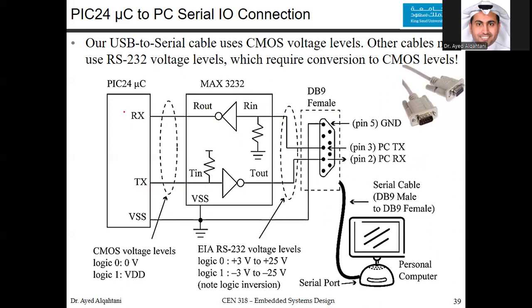At this point, we finished the first communication module, which is the UART in PIC24. And next, we will move to another communication module called the SPI. Once we talk about the SPI communication module, we will also show how to use the SPI with the external memory, the serial external memory, which is the EEPROM.